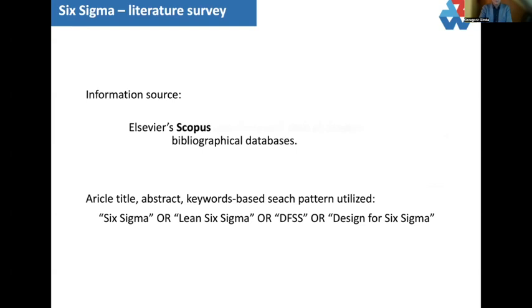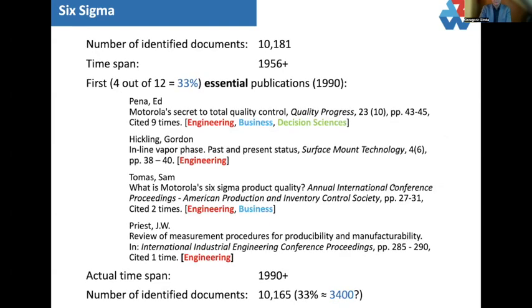Okay, so we have applied a common literature survey based on Elsevier Scopus bibliography databases. At first, we took a look at Six Sigma literature. Can I have the next slide, please?